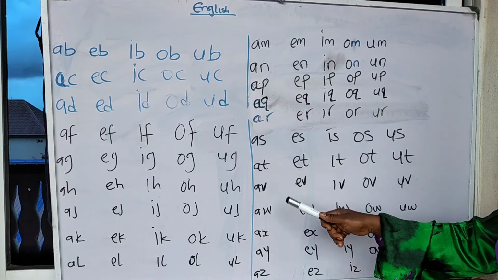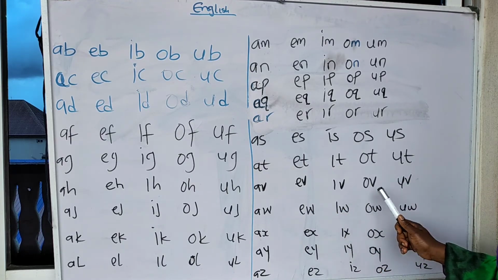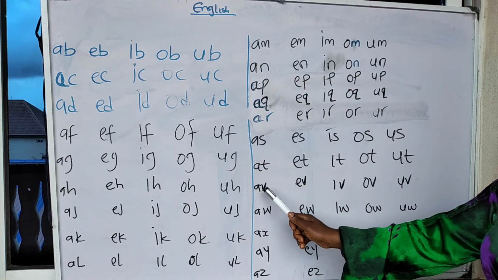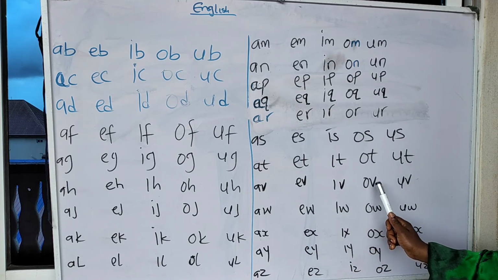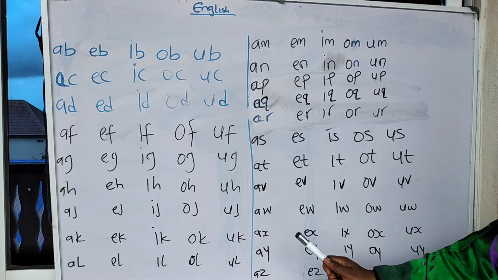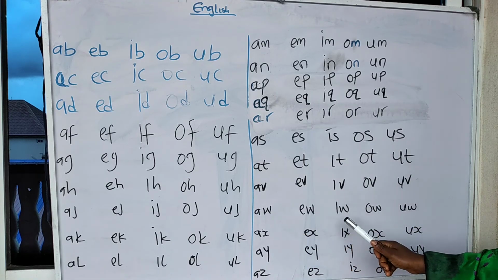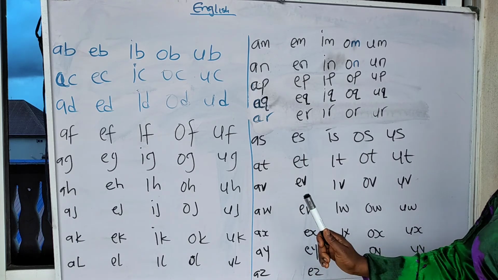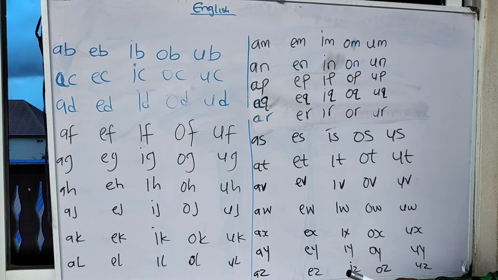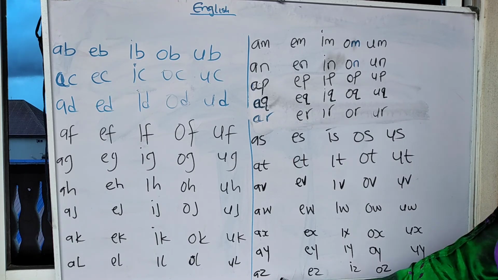At, et, it, ot, ut. Af, ef, if, of, uf. Aw, ew, iw, ow, uw. As, es, is, os, us.